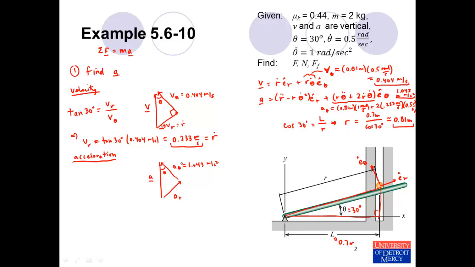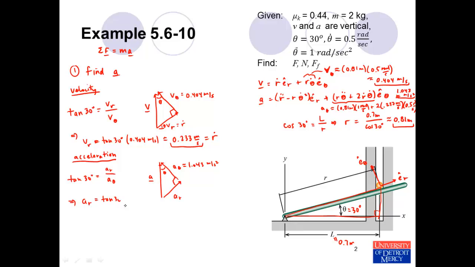This is again equal to theta. These are again at right angles to one another. Using the same tangent as before, tangent of 30 degrees is equal to the side opposite, which is the radial component, divided by the adjacent side, which is the transverse component of the acceleration. Then we can solve for the radial component.